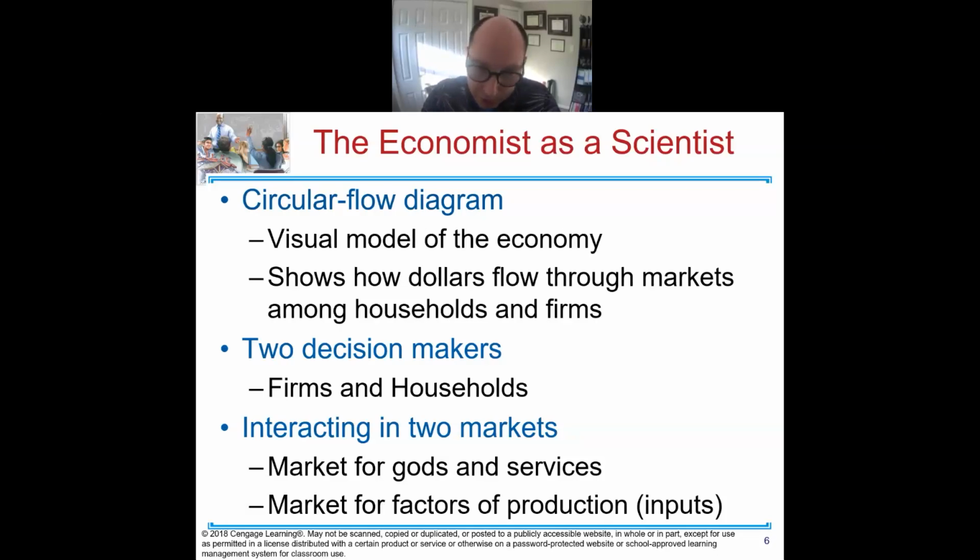There are two kinds of decision makers in this country. There are companies, also known as firms. And there are households. A household is people living in a house, right? It's a family unit. A family unit is a decision-making component. A company is another decision-making component.